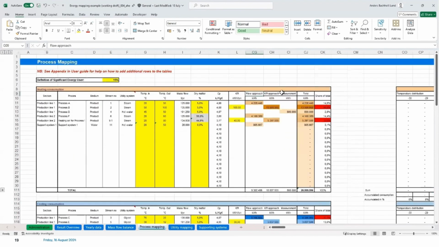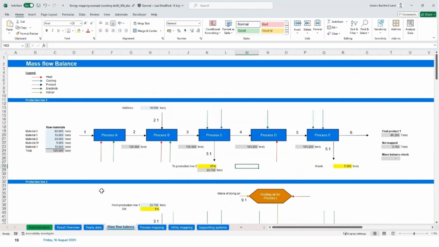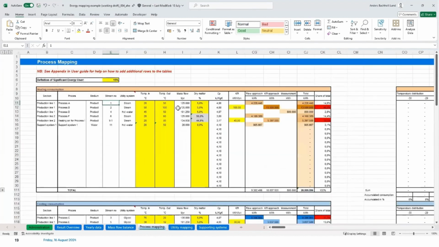And these three columns are describing each of the measurements or calculation methods. You then enter again in the yellow cells the temperatures of each process. You note here that you enter the stream numbers, which refers to the mass flow balance over here, so you can follow the energy throughout the mass flow as well.